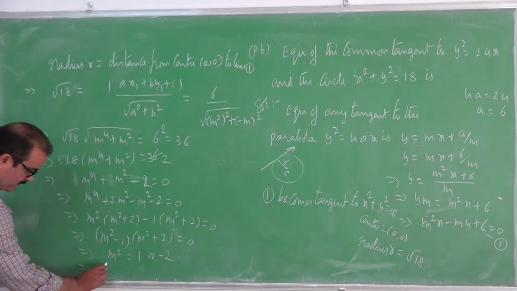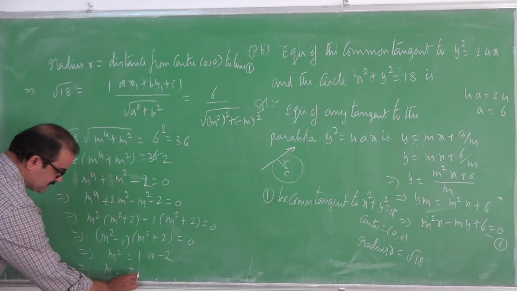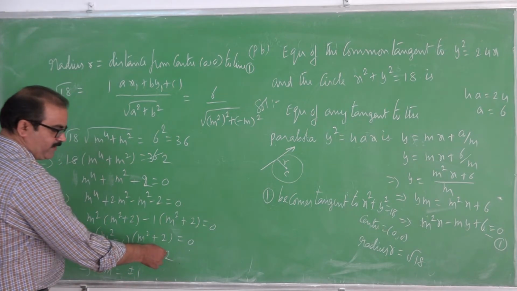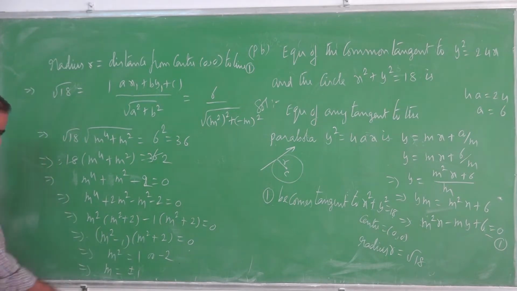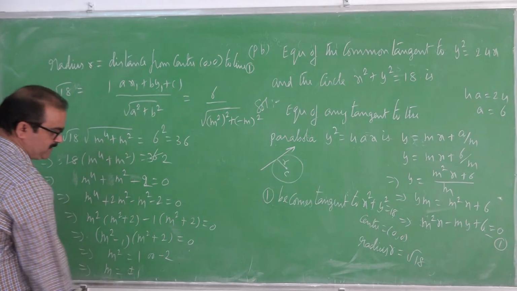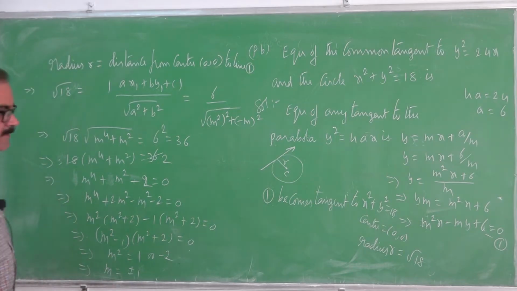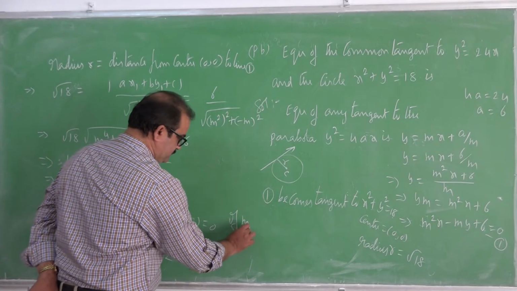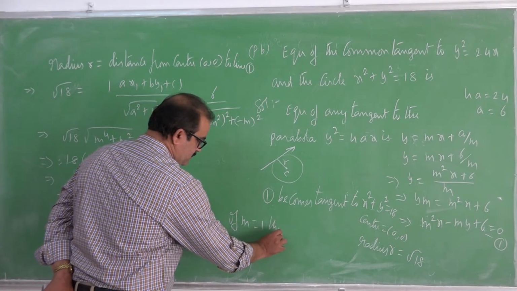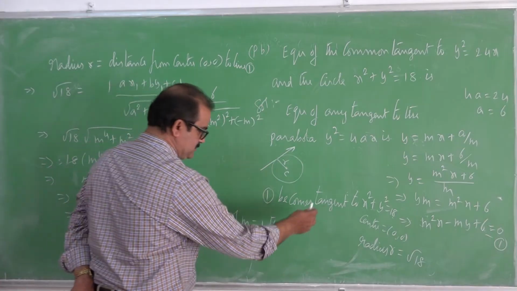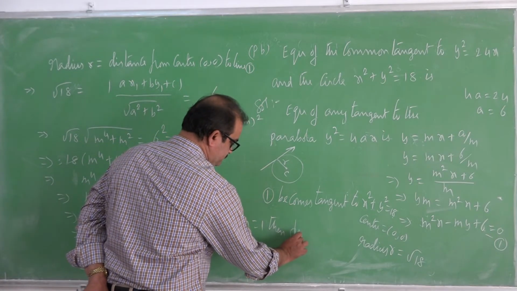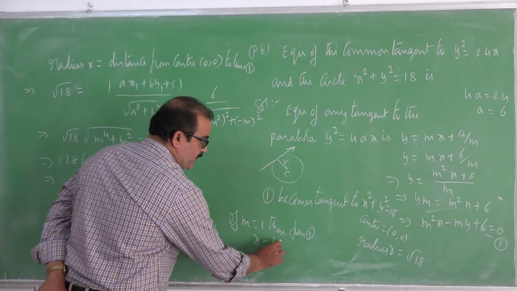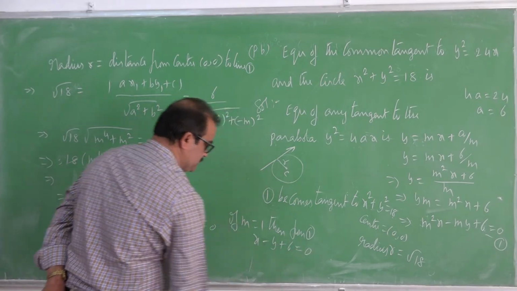Then what is the m value? M is plus or minus 1, plus or minus root 2. For negative values, square root is not defined. So m is equal to plus or minus 1. Okay, if you take m is equal to 1, then the common tangent from equation 1 is x minus y plus 6 is equal to 0.